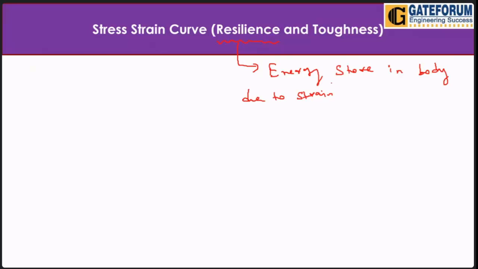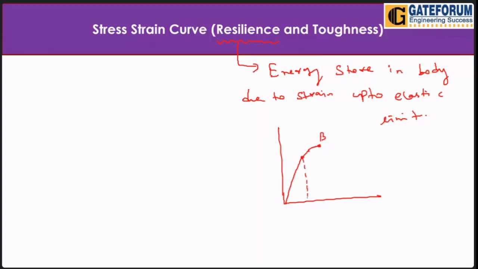So energy stored in the body due to strain up to the elastic limit is known as resilience. Suppose here we have point B, the elastic limit. If we load only up to this point, this area will be the resilience.